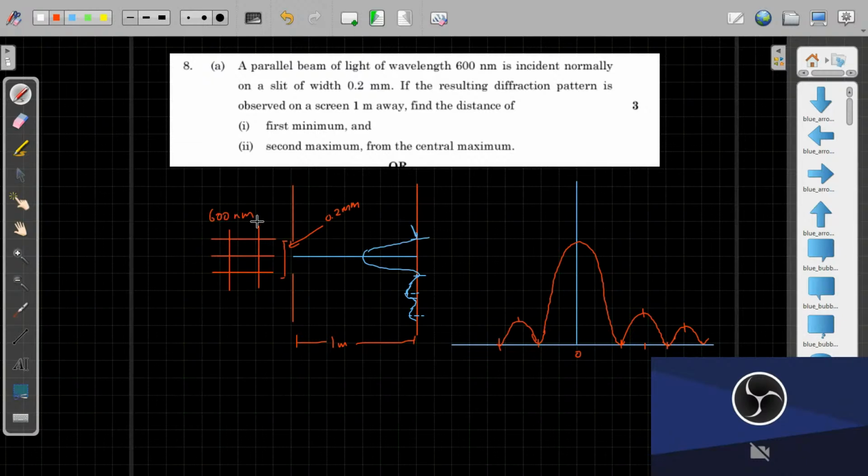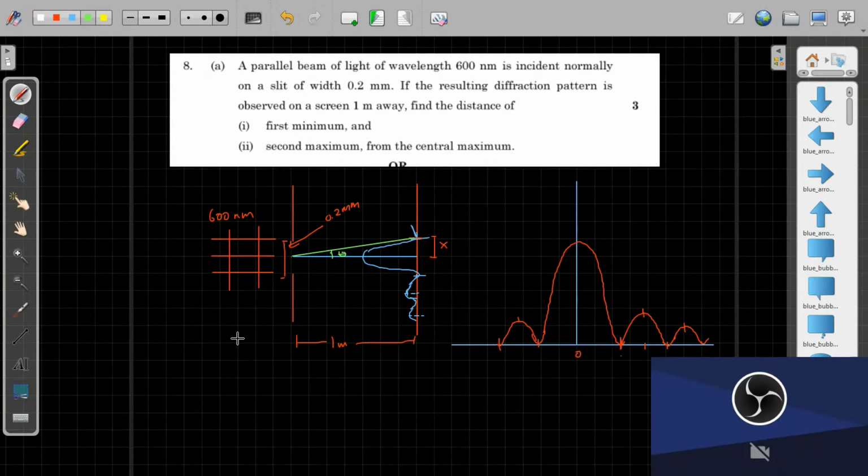Find the distance of the first minima. The distance of the first minima is this one, we'll call it x from here. If I draw a line from here, this is actually theta.